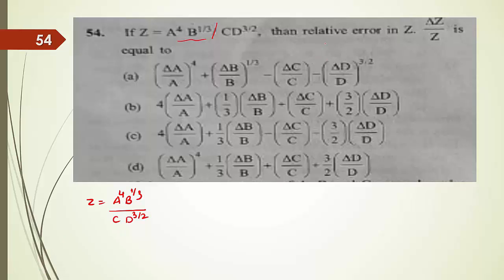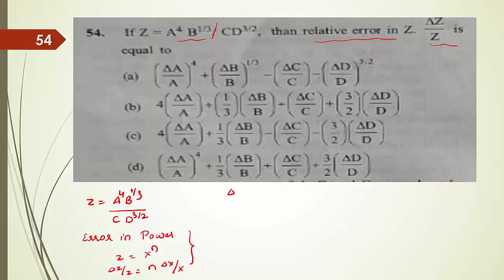Then relative error in Z, delta Z over Z is equal to, yes, we already solved some problems regarding relative error in the given physical quantity. You can remember. Here this is error in power. You can remember error in power is given by Z equal to X raised to N. Delta Z over Z equal to N into delta X over X. So this equation you can remember here.